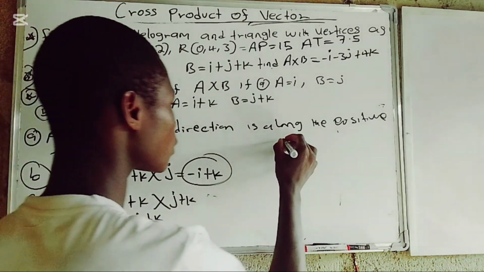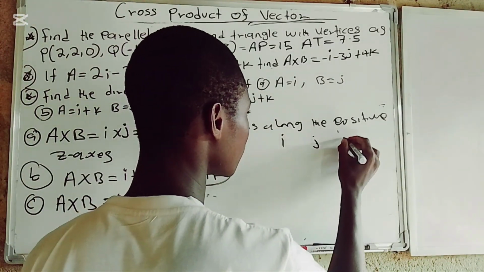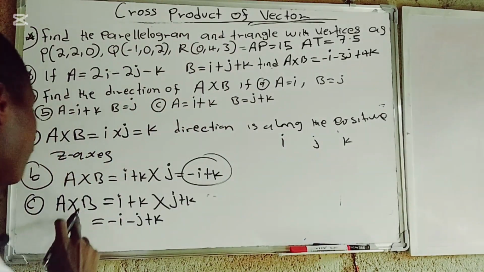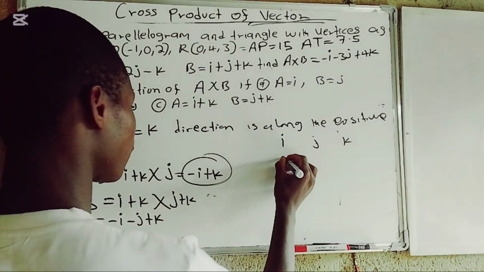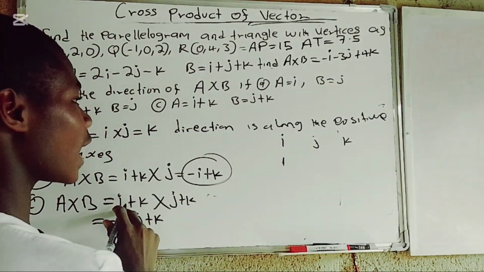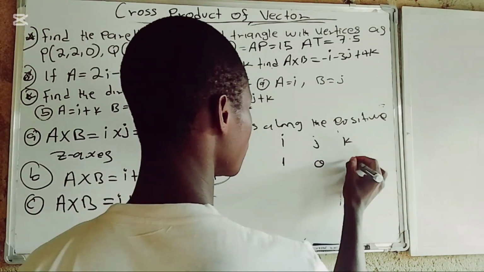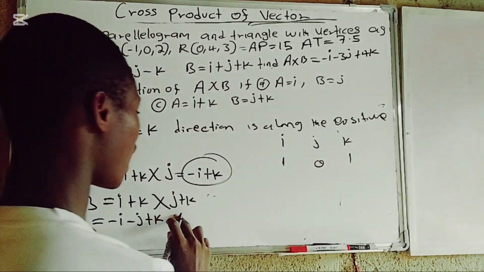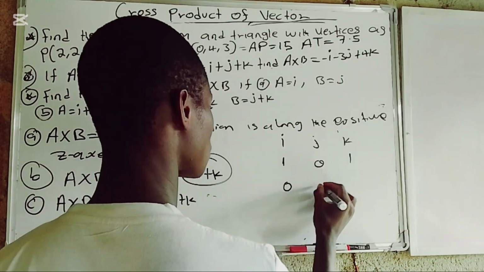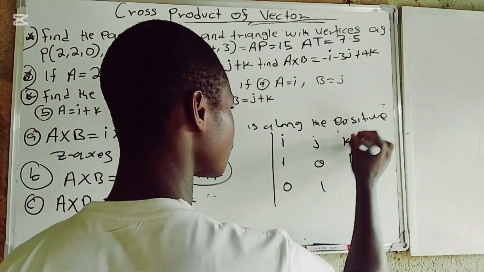Let's verify it. We have i, we have j, we have k, and from A we have 1. We have all but we don't have j, so this will be 0 and this will be 1. And we have everything but we don't have i, so 1 and 1.